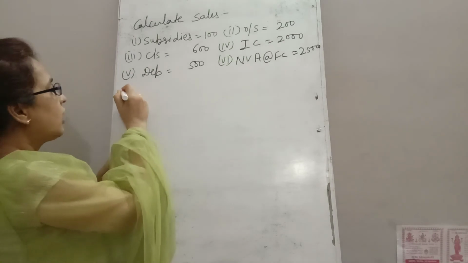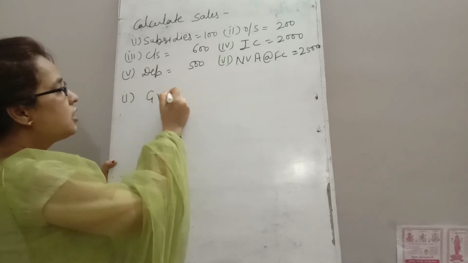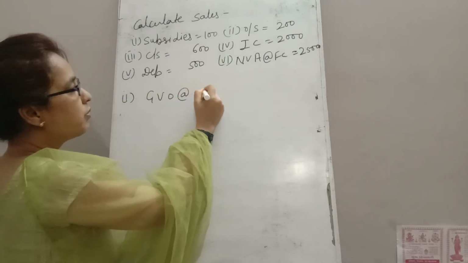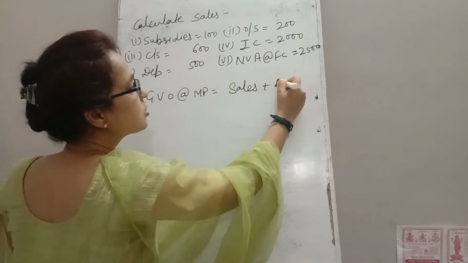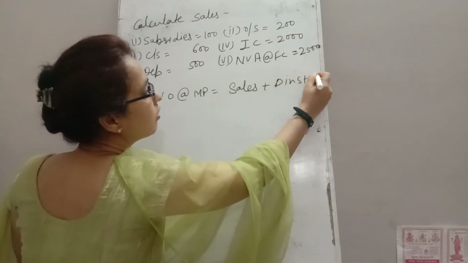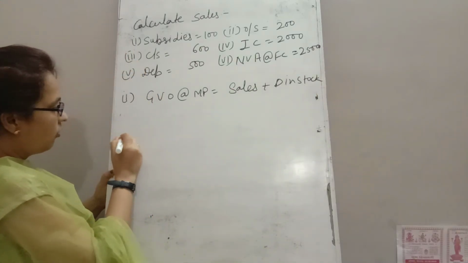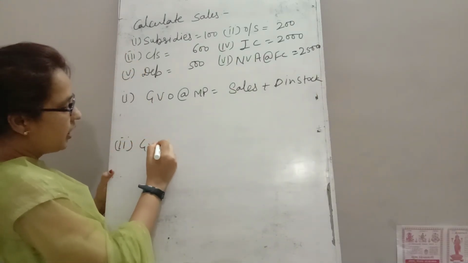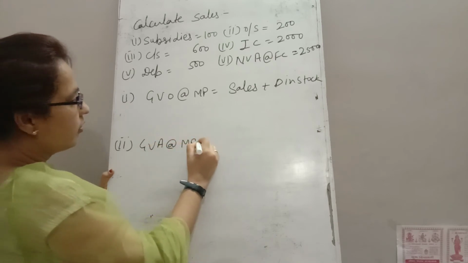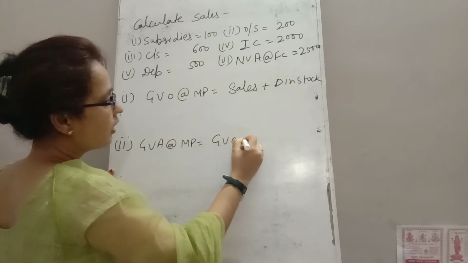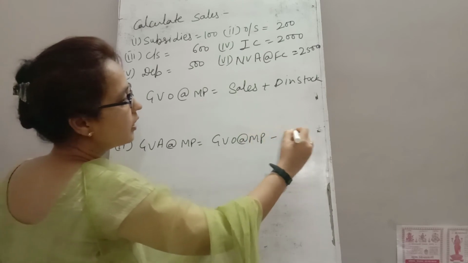told you right now as it is. First of all, GVO at MP equal to sales plus change in stock. Clear? Second, GVA at MP equal to GVO at MP minus IC.